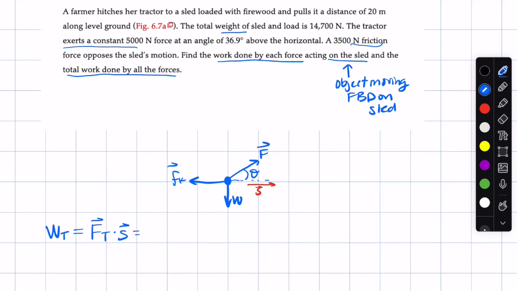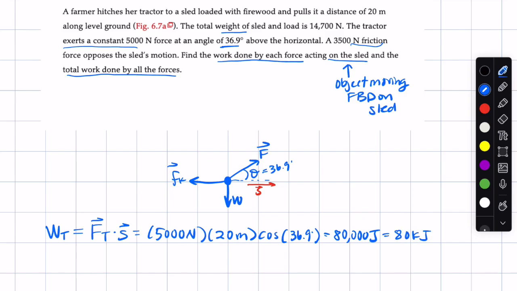So that's going to be a 5,000 Newton force times 20 meters of distance times cosine of the angle between the force vector and the displacement vector, and that was 36.9. Okay, and we get something like roughly 80,000 joules. In other words, 80 kilojoules.